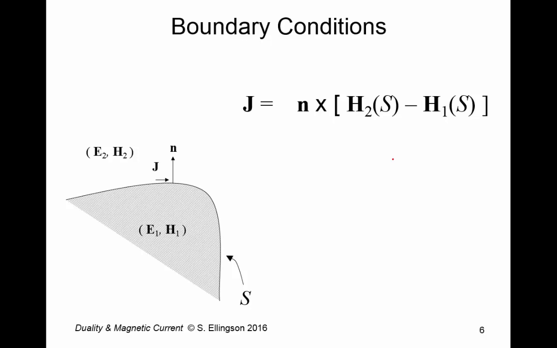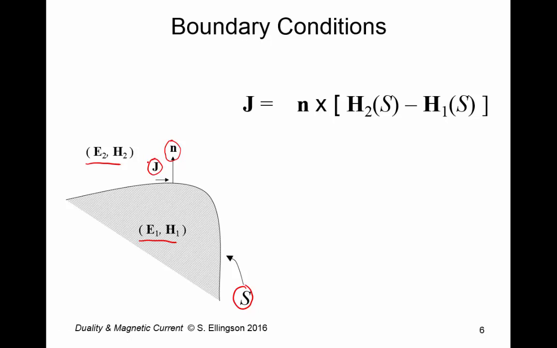Okay, if we now have magnetic current, we should be able to identify boundary conditions that apply. So let me remind you about the boundary conditions on the electric current density. Here's region 1, here is some surface, here's region 2. We have the normal, as usual, pointing into region 2. We identify some electric current density flowing along the surface.